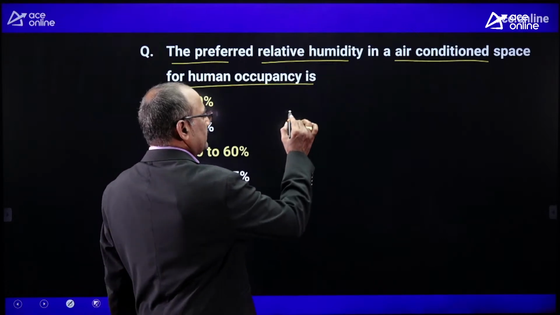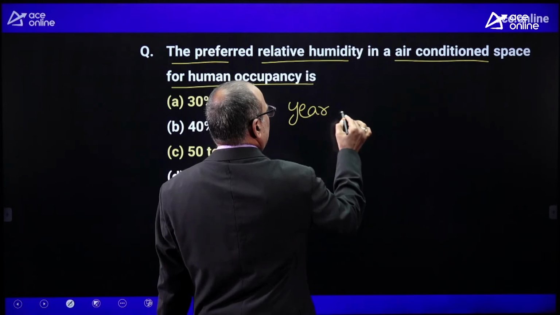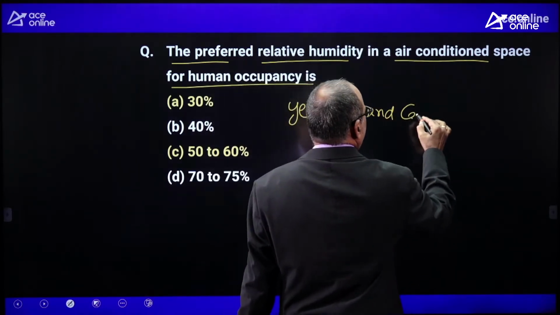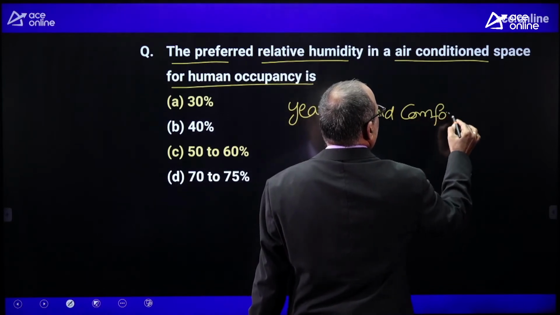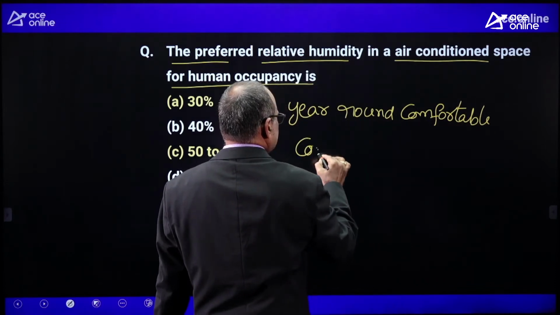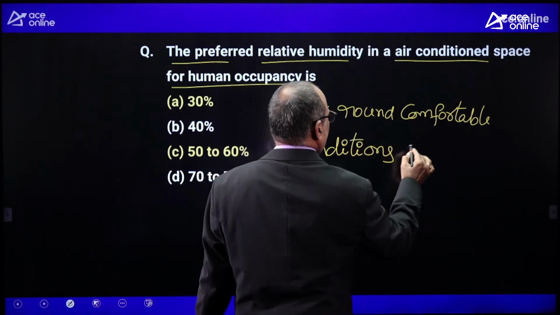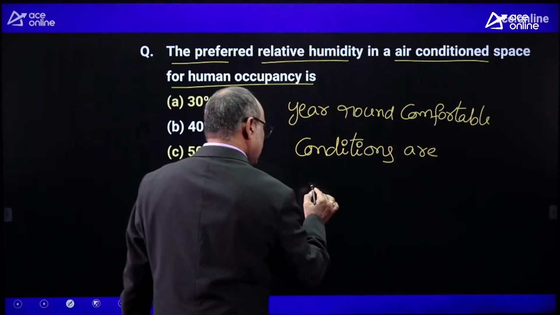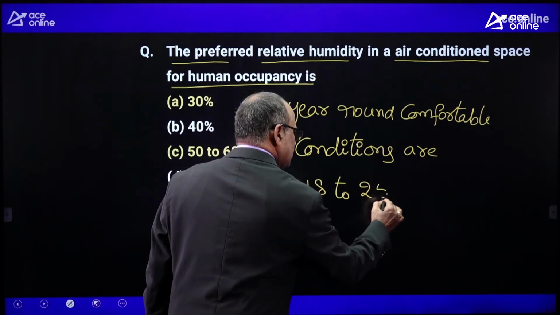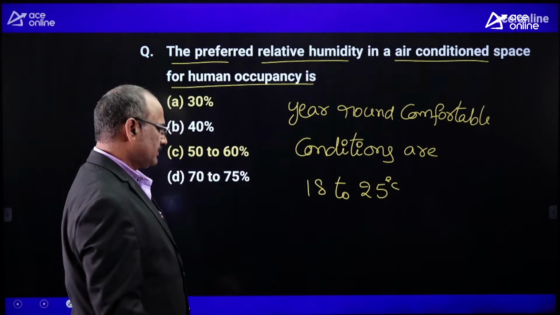Dear friends, remember, year-round comfortable conditions: the temperature is from 18 to 25 degrees centigrade. That is the year-round comfortable temperature.